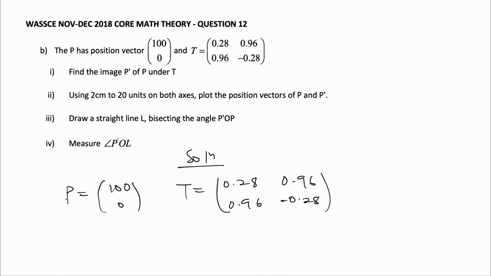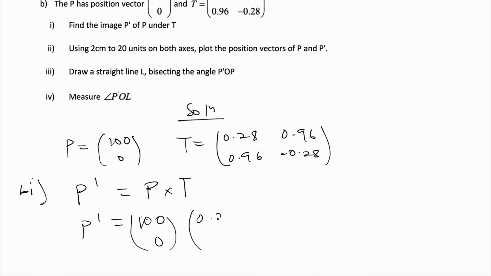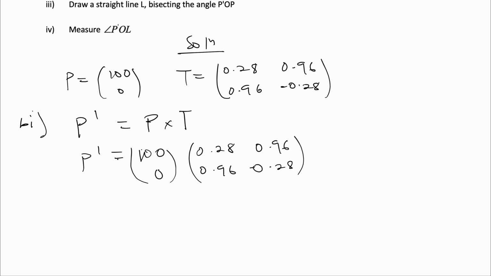So we can say that P' is equal to P times T. So P' will be equal to (100, 0) times (0.28, 0.96; 0.96, -0.28). So we do the row by column multiplication. So this multiplies this, and then at the same time multiplies this.